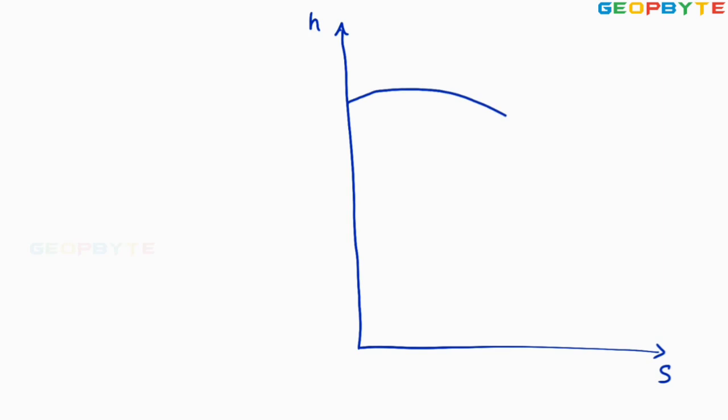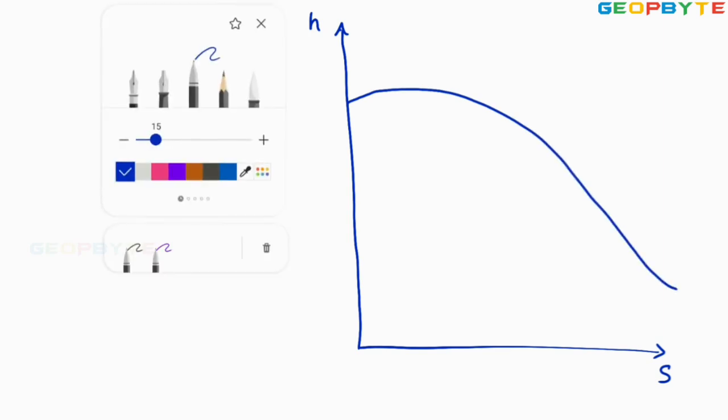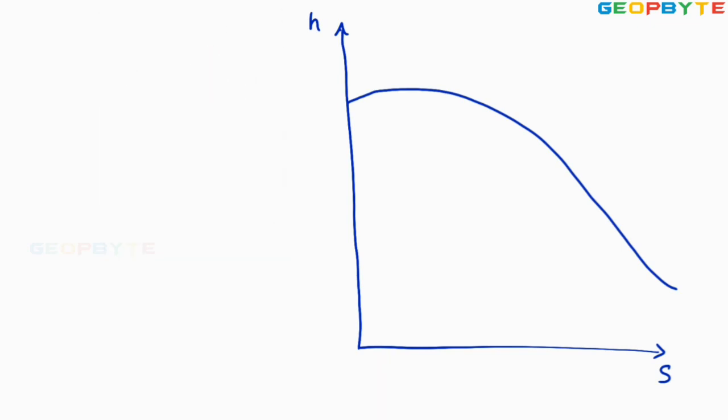Look at the enthalpy versus entropy diagram. This is the saturation dome. The steam is entering the nozzle at high pressure P1. The steam pressure is dropping from P1 to P2 while the steam is expanding over the turbine blades.